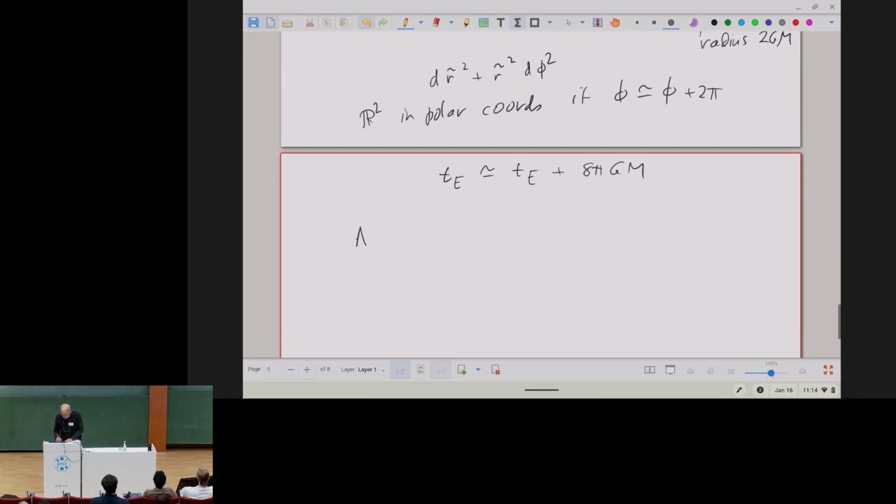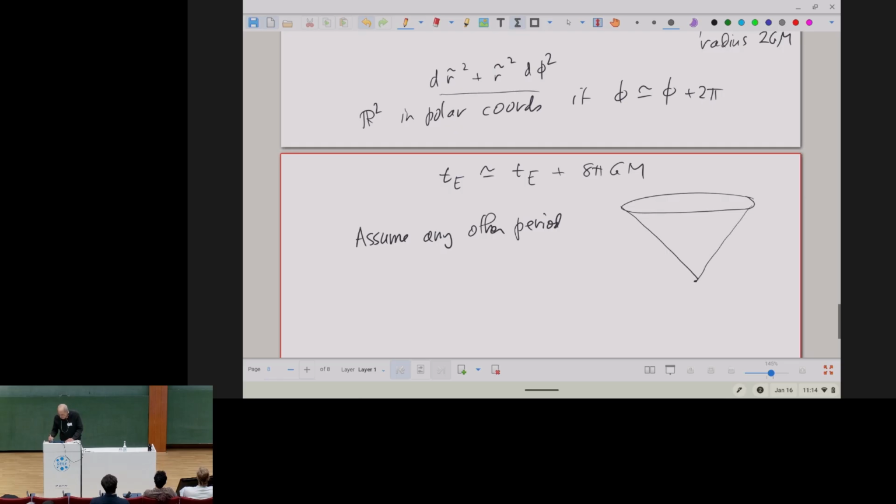If we assume any other period, then we get a metric. You see, this metric is flat regardless of the assumed period of phi. But if phi has a period different from 2 pi, it's flat away from r equals 0, but it will have a conical singularity at r equals 0 generically. So this metric generically will look like so.